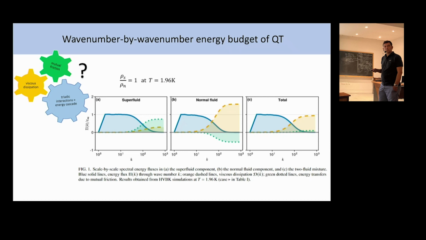The blue line is the energy flux. The yellow line is viscous dissipation. And the green line is mutual friction. And so we see that for these two components individually, there is a strong effect of mutual friction on the kinetics.